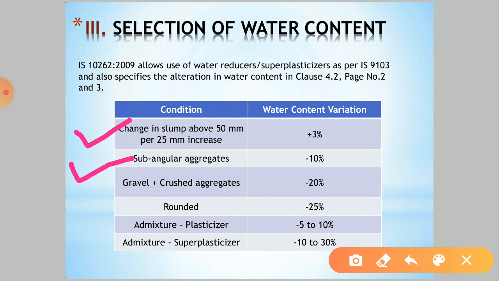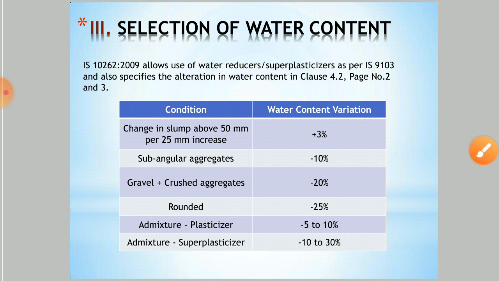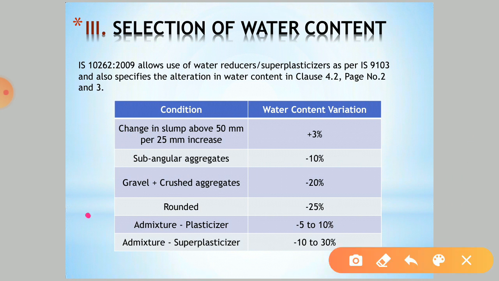Next case, suppose we have gravel plus crushed aggregates, then again we have to vary the water content, reduce it by minus 20%. Suppose for our construction we find rounded aggregate, then what to do? We can reduce the water content by minus 25%.